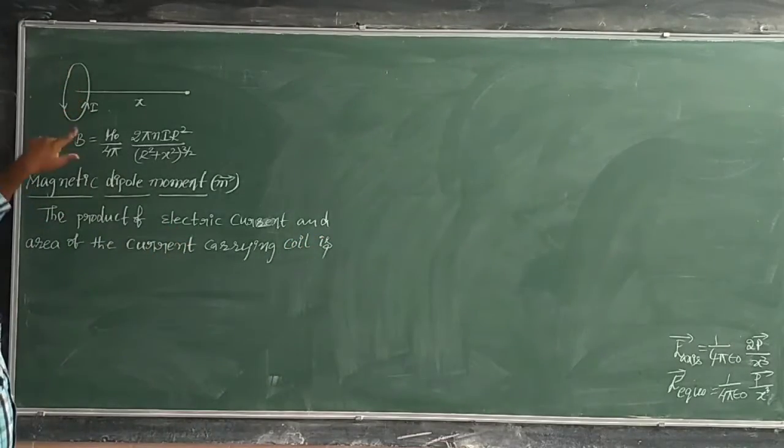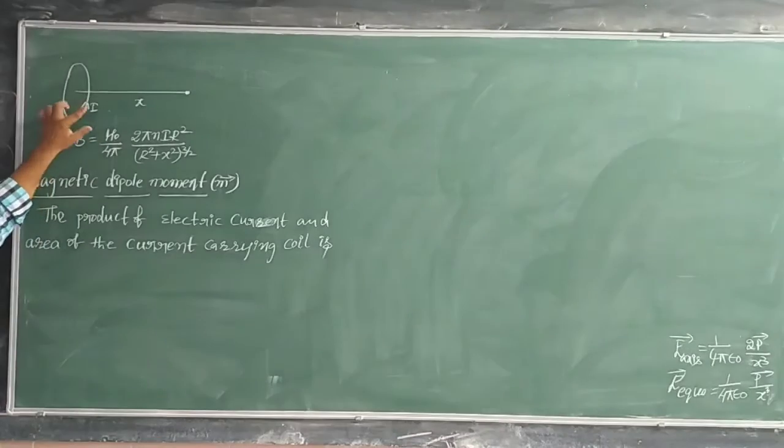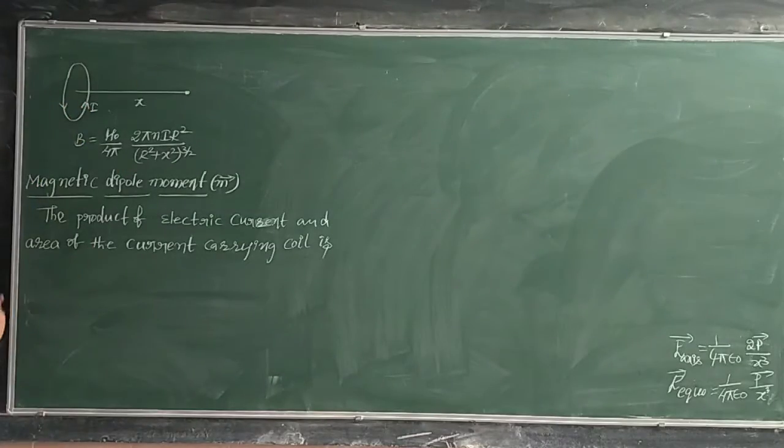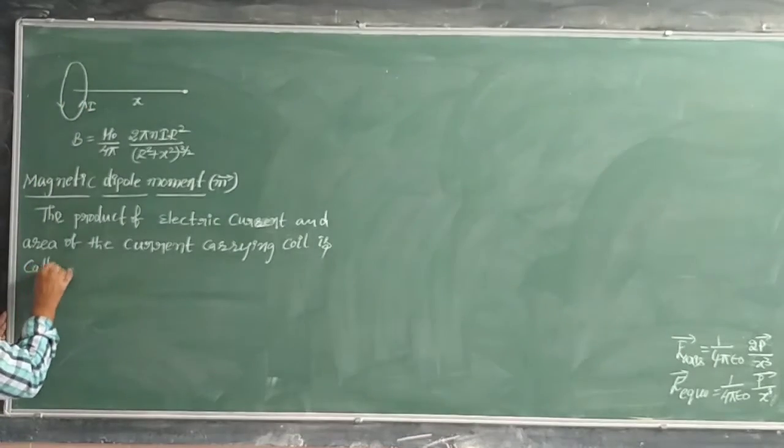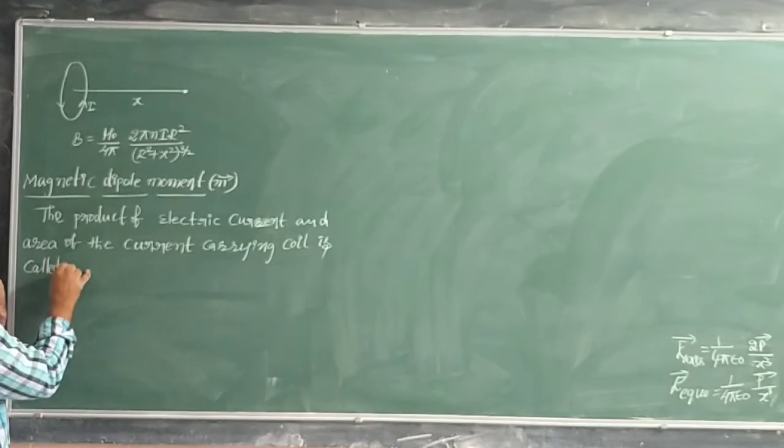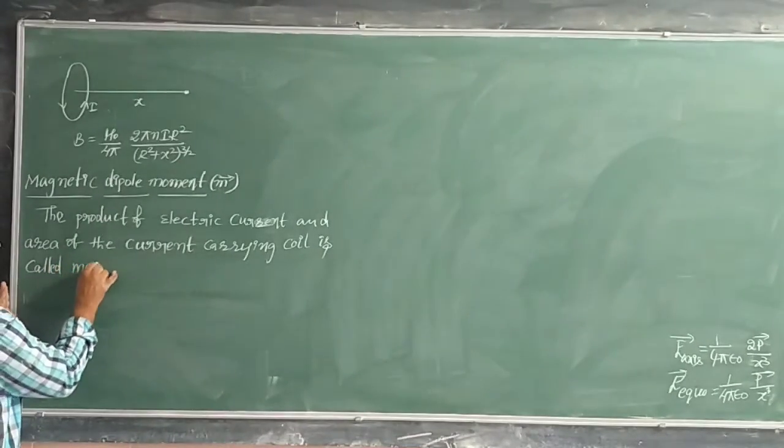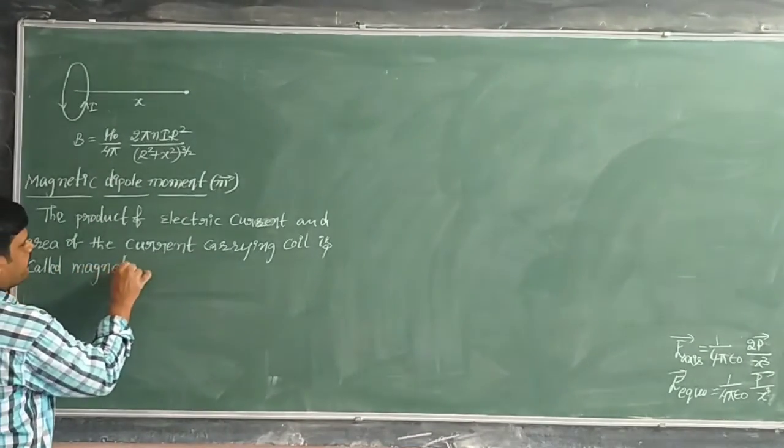This is the current carrying coil in which current I is flowing. Its area is A. So the product of current and area of the coil is called the magnetic dipole moment.